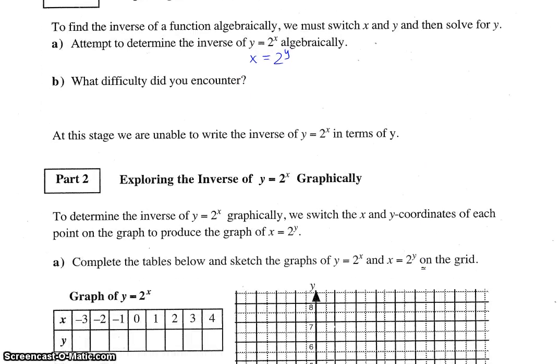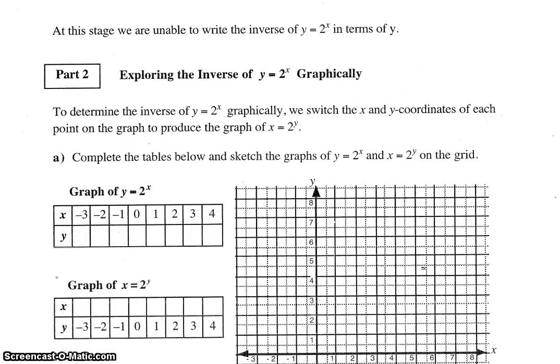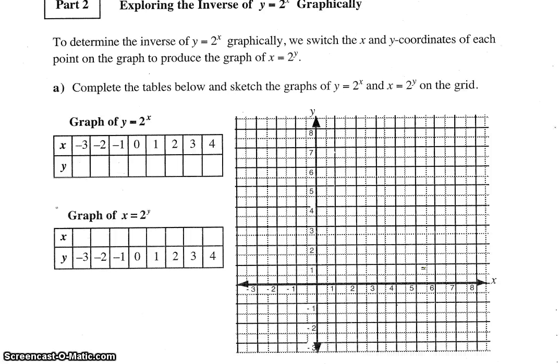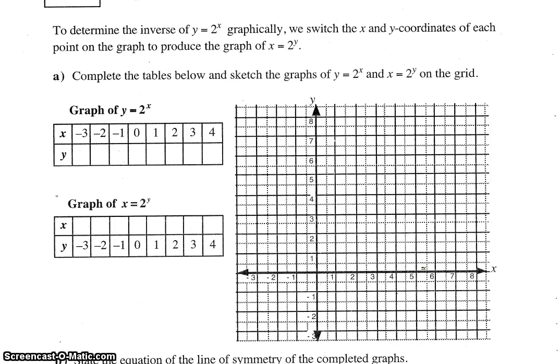Let's look at the inverse of y equals 2 to the x graphically. So we looked at the graph of y equals 2 to the x in the last lesson, and I'm just going to run through and copy down what we had for the values from that lesson. So if we have y equals 2 to the negative 3, that would be the same as 1 over 2 cubed, which is 1/8.